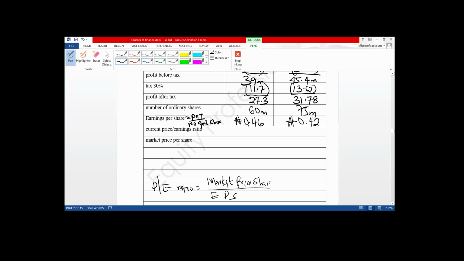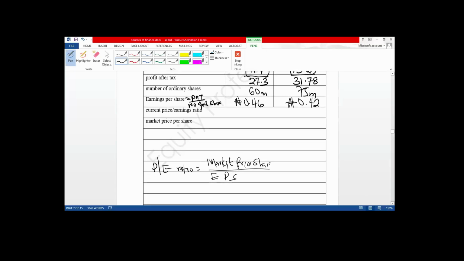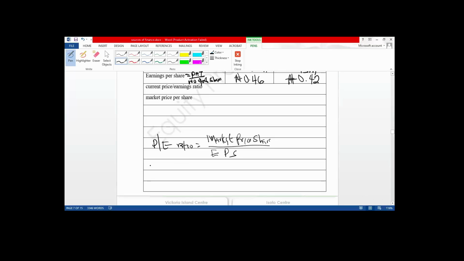And we have calculated the current earnings, 0.46. If I want to calculate the current price earning ratio, the market price is 7.50 naira per share and the current earnings per share is 0.46.